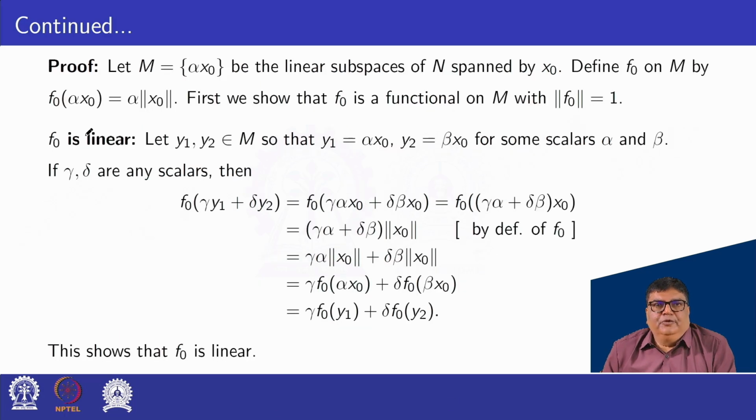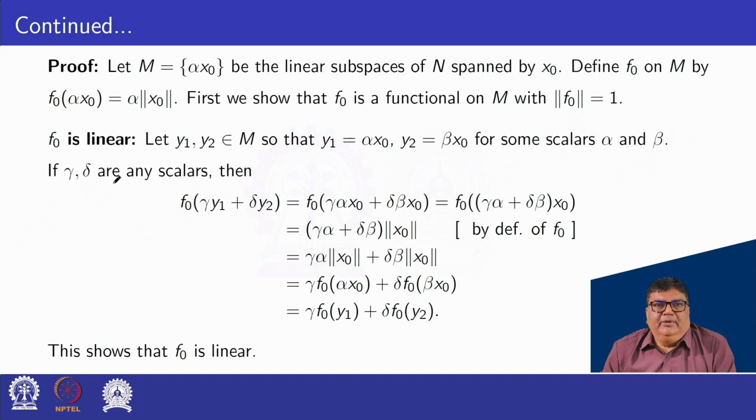So let us prove f0 is linear. Let y1, y2 belonging to M, so that y1 is equal to alpha x0, y2 is equal to beta x0, for some scalars alpha and beta.